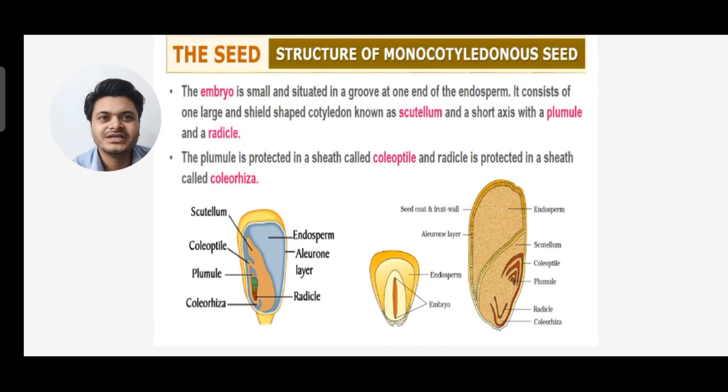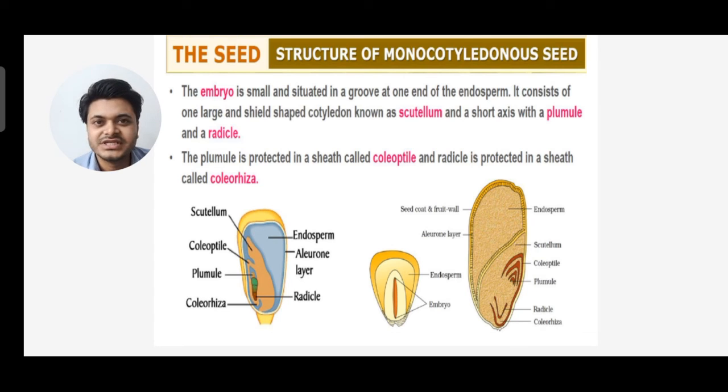The embryo is small and situated in a groove at one end of the endosperm. It consists of one large and shield shaped cotyledon known as the scutellum, and a short axis with plumule and radicle. The plumule is covered by a sheath called the coleoptile and the radicle is protected by a sheath called the coleorhiza.